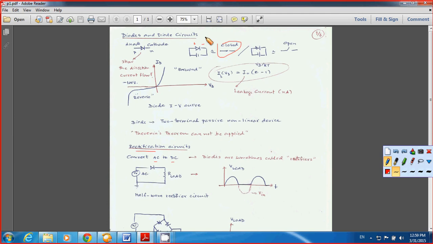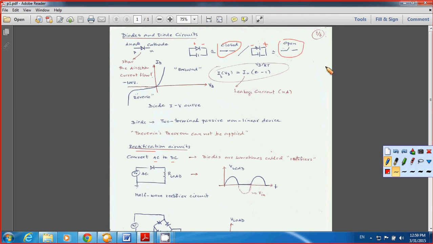And if you connect the other way around, you have the negative on the p side, or the anode, and the positive on the cathode, or the n side. This is what we call reverse bias, and the diode does not conduct, as no current can flow through the diode.